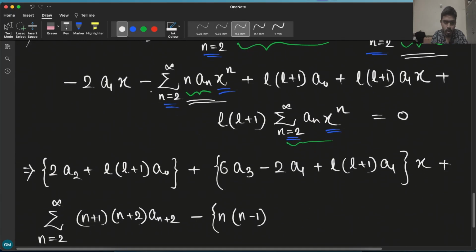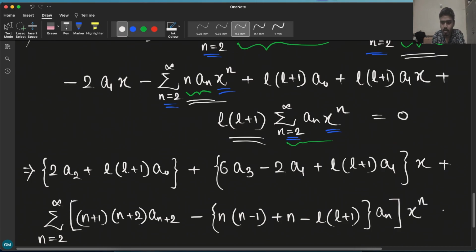Since I have already put minus outside, it is plus n from this term, and from this term it is minus L into L plus 1 times a n, and the whole thing multiplied with x to the power n equals 0, right?